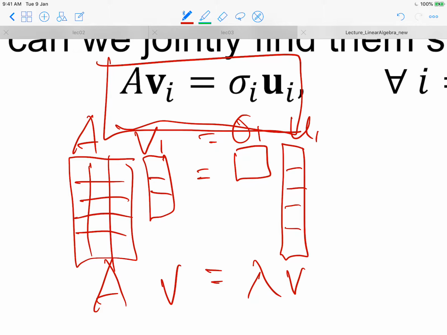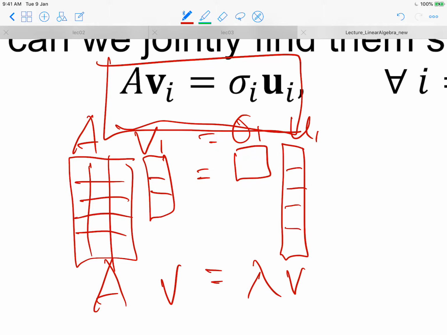So we can do the same analogy, where our input vector x, which is a three-dimensional vector, we first decompose into a linear combination of the right singular vectors.